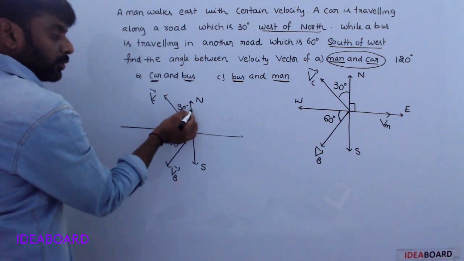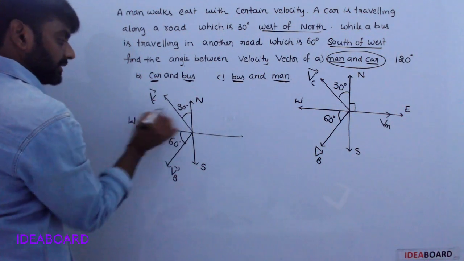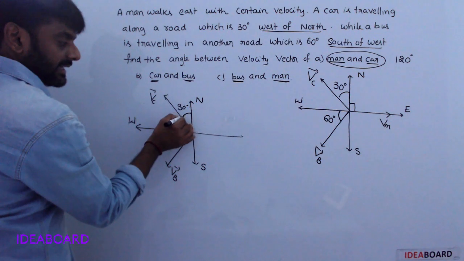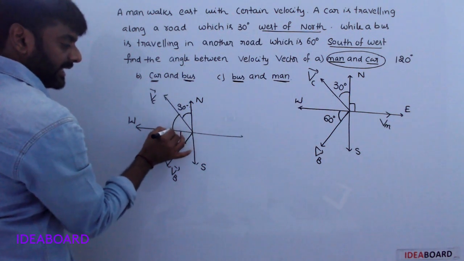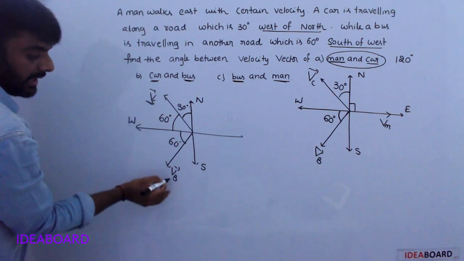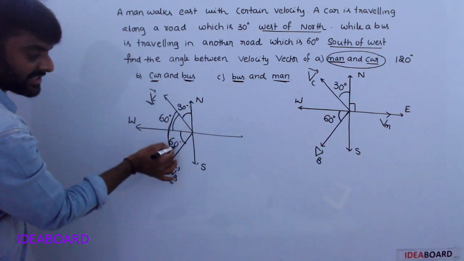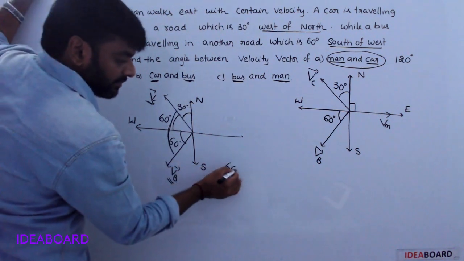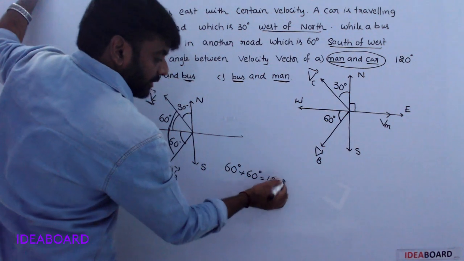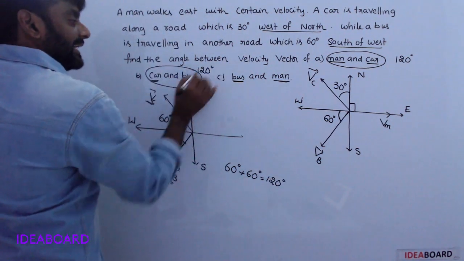Okay. Total angle between north and west, northwest means totally 90. In 90, this is 30. What about the remaining one here? 60 degrees. Okay. So between car and bus, 60 plus 60, 120. 60 plus 60 is equal to how much? 120 degrees. This one is also 120 degrees.